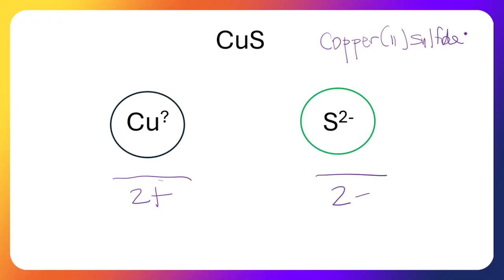Again, the Roman numeral would indicate the charge. We only use the Roman numerals for those transition metals that tend to form variable charge. We don't use them for the group 1 and group 2 metals, for example, or elements that form an ion of a consistent charge.